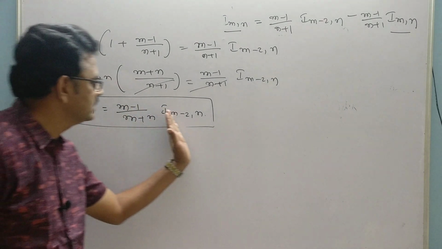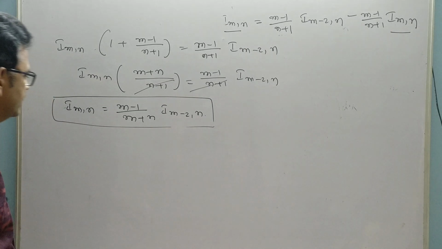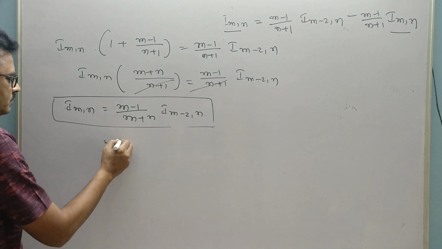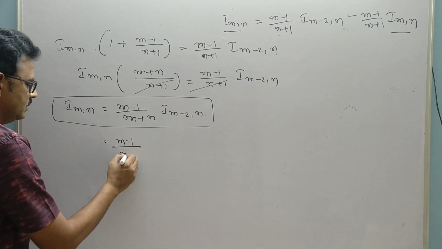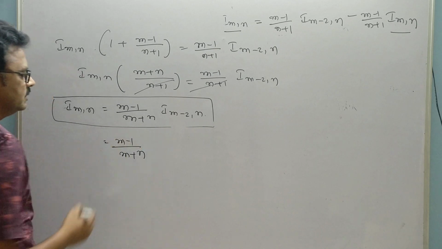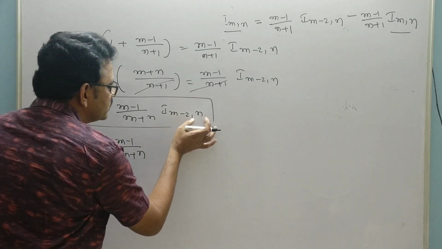For this reduction continuation, again I(m,n) is equal to m minus 1 by m plus n into I(m-2,n).